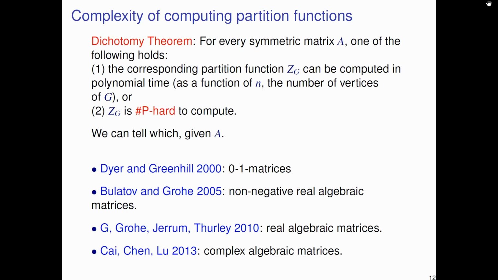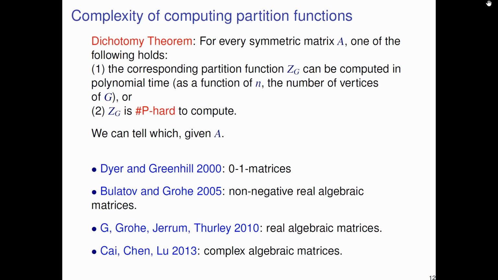That's just not true, provably. But for partition functions, it is true. So what that tells us via these theorems is that partition functions are particularly simple and nice. There's nothing exotic and weird and in between going on. And what this theorem also tells us is, given a matrix A, how do you tell whether its partition function is computable exactly or not?